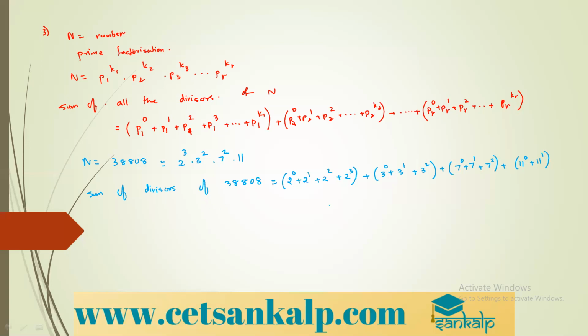Now we will count what the total will be. 1 plus 2 plus 4 plus 8. Here, 1 plus 3 plus 9. Here, 1 plus 7 plus 49. And here, 1 plus 11. So here, 3 plus 4 is 7, plus 8 is 15.